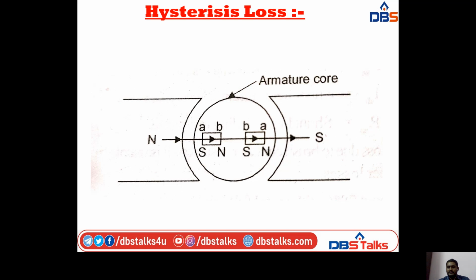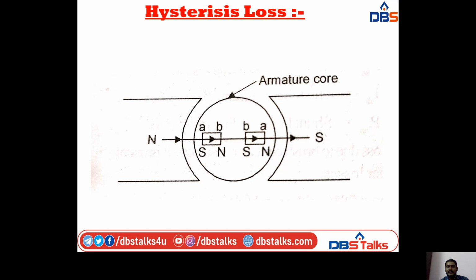In between we have a square shape, and this square shape is a small iron piece. It consists of two sides, A and B.